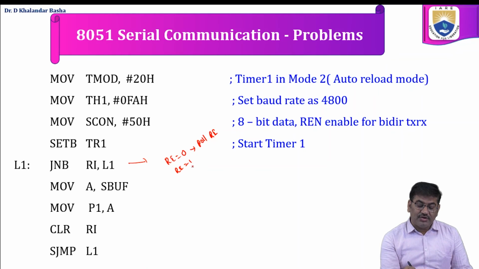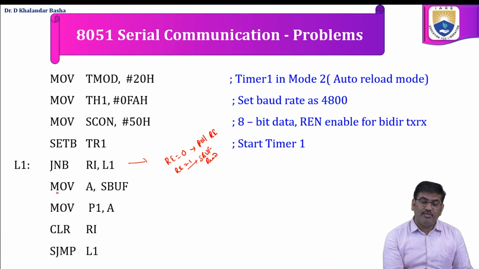Once RI is equal to 1, then we can read the SBUF data. For collecting the SBUF data into the accumulator, MOV A comma SBUF. As per the problem statement, whatever received data is there, we want to send to port 1. So MOV P1 comma A and clear the RI. If you want to receive the data repeatedly, SJMP L1.